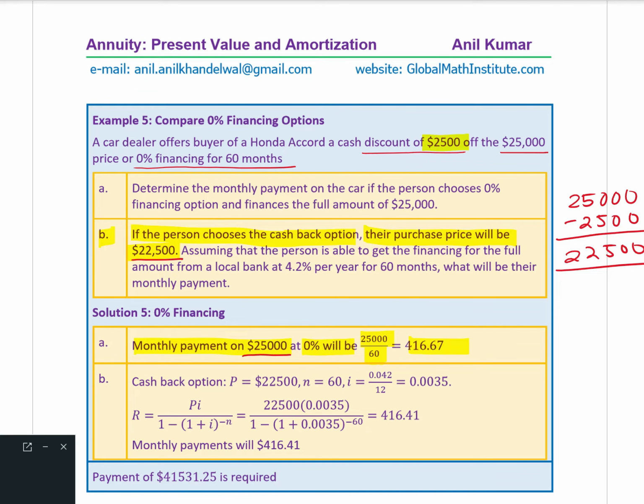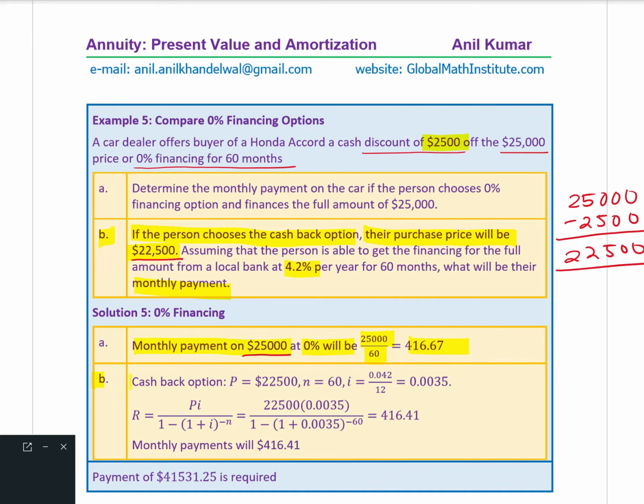Now, we have taken a very practical value of 4.2%. In fact, these days of COVID, you can get very, very low interest rates. So much lower than 4.2% is possible. Now, if that is the situation, you take a loan from somewhere else and then buy the car and also avail the discount. That's a good thing to do. So let's do that and work out the monthly payments now with this situation.